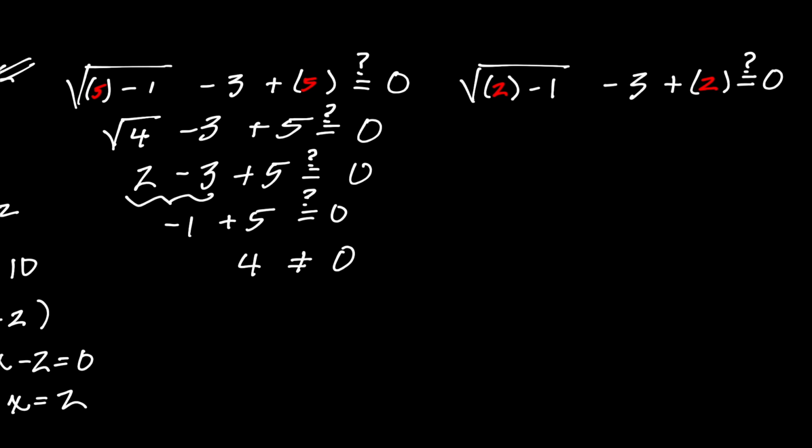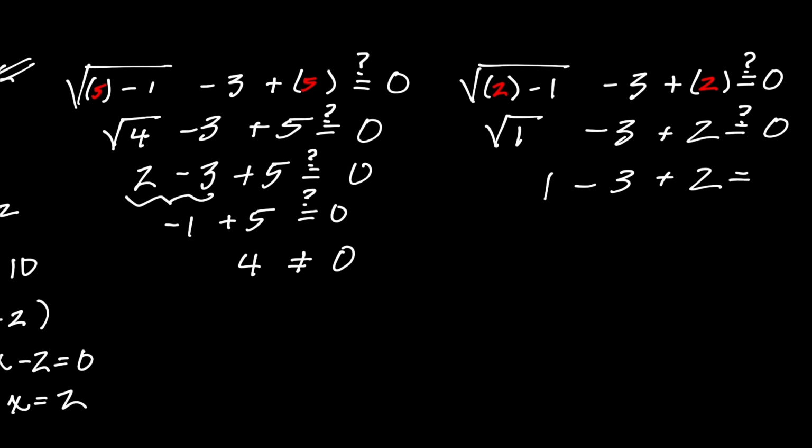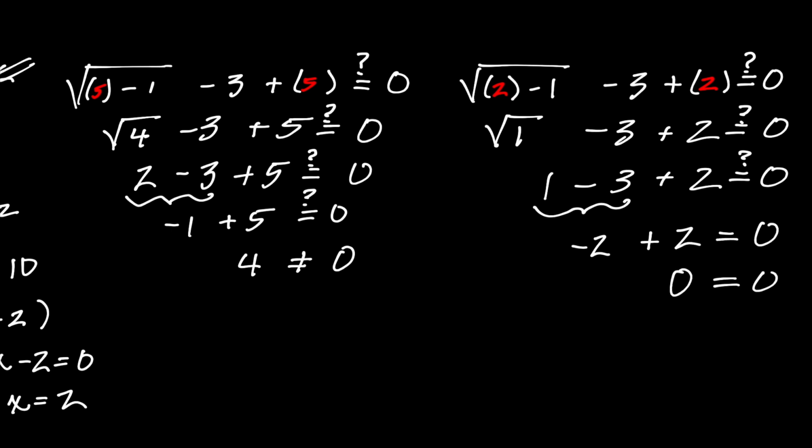And it better work, because when I take the square root of 1 minus 3 plus 2, it's looking like we're going to get a 0. Yes, this is negative 1. I'm sorry, that is negative 2 plus 2. And yep, sure enough, that equals 0.